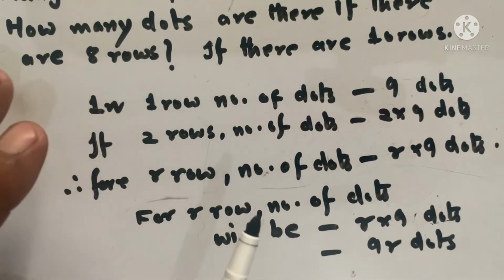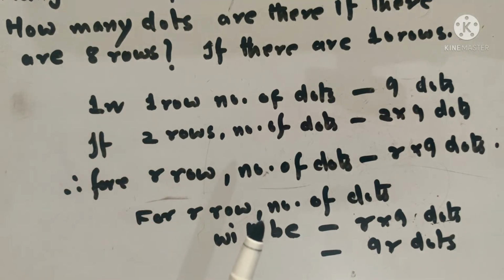So the first answer is 9R. For R rows there will be 9R dots. Now it is asking how many dots are there if there are 8 rows.